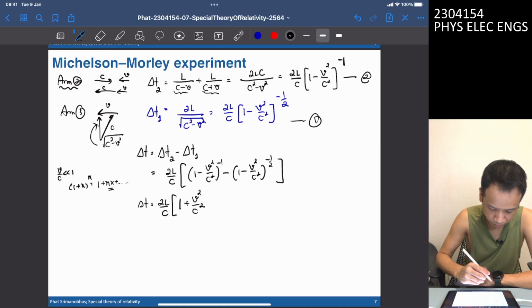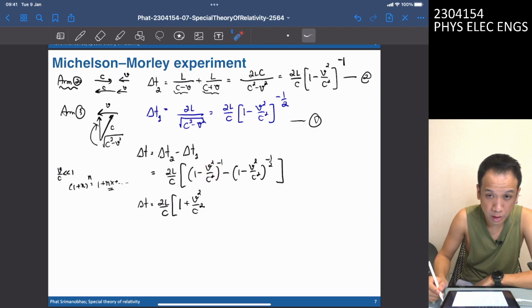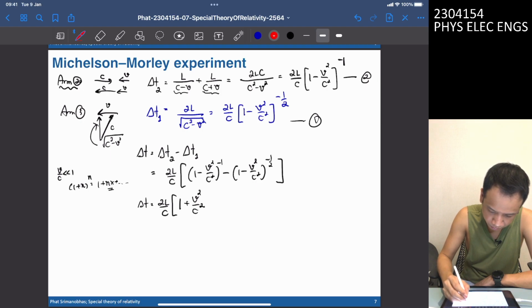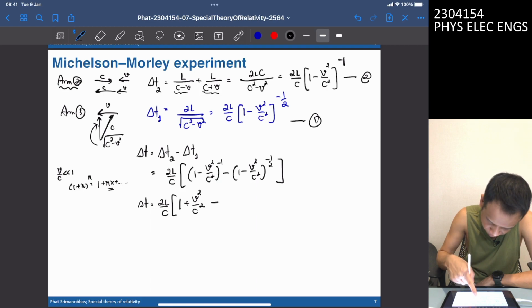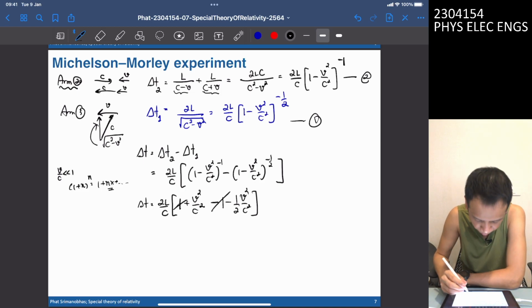We use the binomial expansion because we assume that v over c is much less than 1, so we can expand it. And the second term becomes 1 minus half of v square over c square, so the 1 and minus 1 cancel.